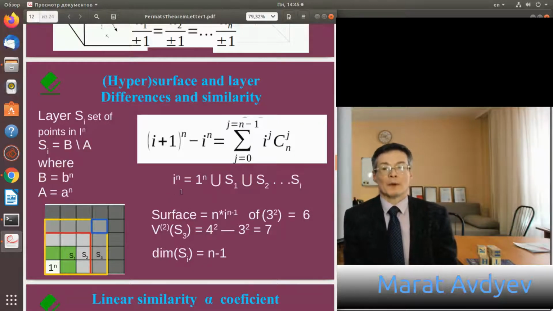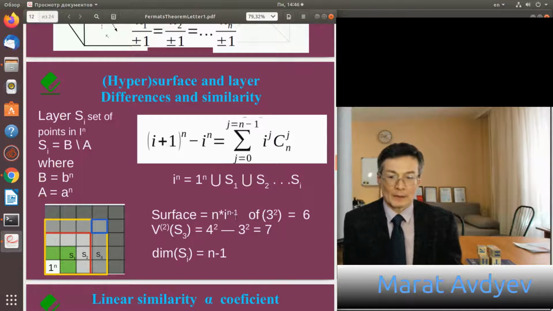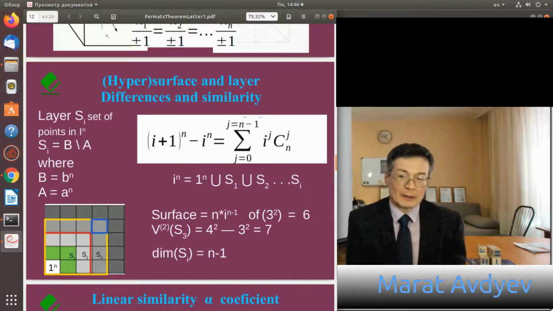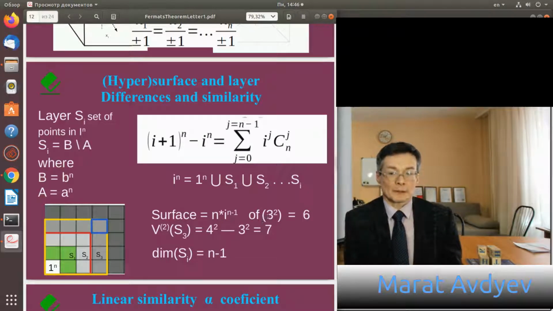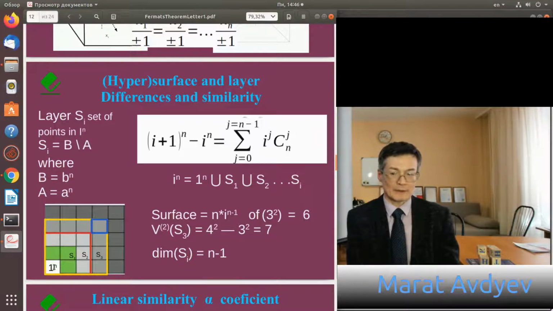So the formula for the hypercube is 1 power n union S1 union S2 and so on, Si, for the case of i plus 1 cube and i cube. For instance, for n equals 2, square, the surface of 3 power 2 is 6. It means perimeter divided by 2, because the vertex is in the center, the coordinate situated in the vertex of each cube.